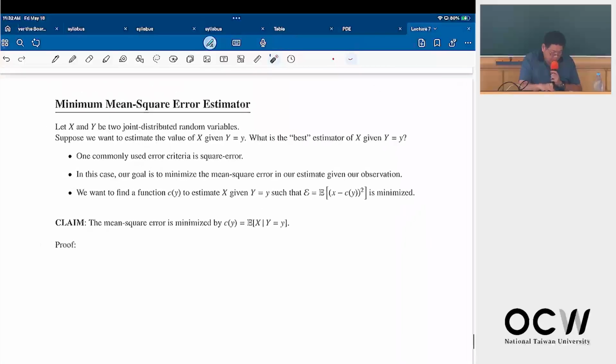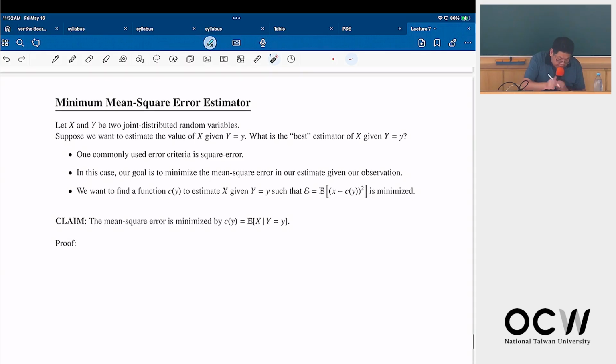The last one is the minimum mean square error estimator. What is this? X and Y are jointly distributed random variables. Suppose we want to estimate X given Y, where Y is fixed.